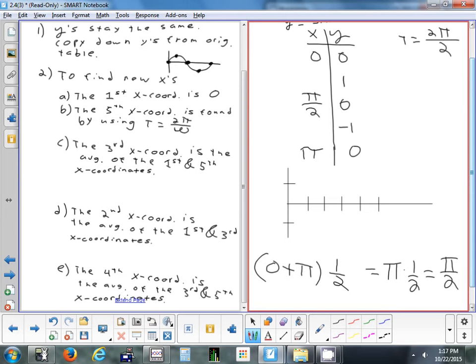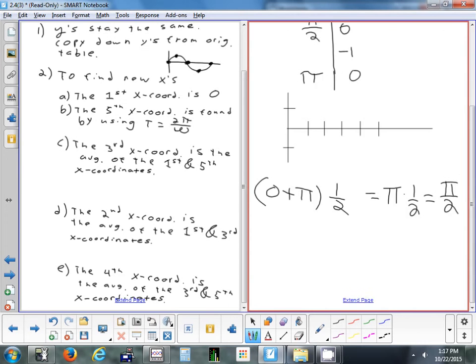Jacob, how do I get the second? Just the first and third. Yeah, we're going to average the first and the third. So take the first, take the third, add them up, then take half of it. When I add this up, I'm going to get pi over 2. 0 plus pi over 2 is pi over 2.